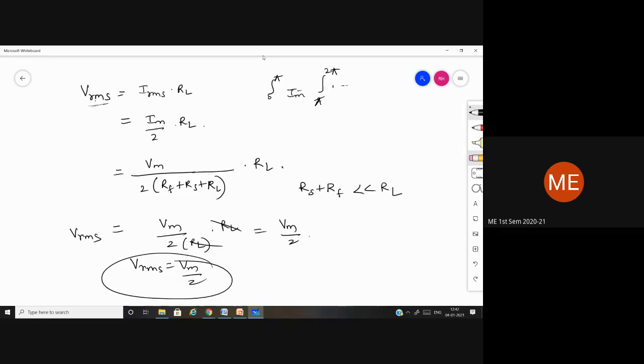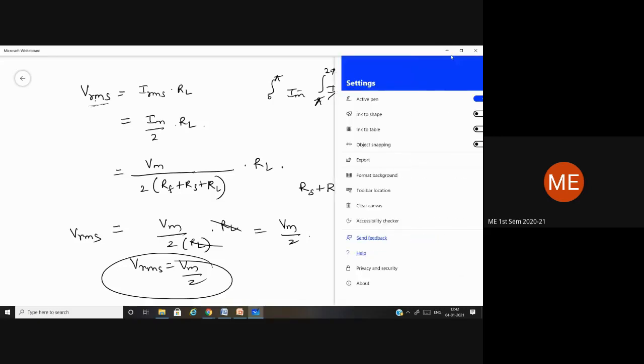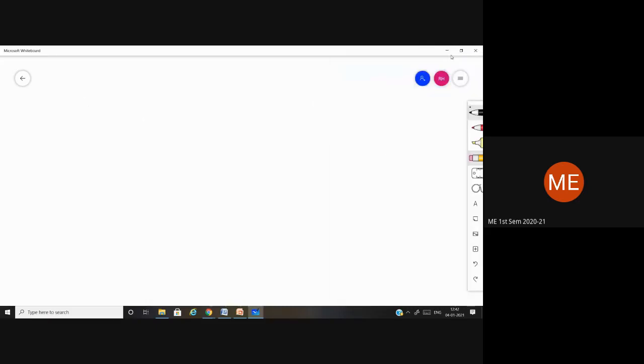Here also IM will be considered, there also we will consider, but here we consider this as 0. That is the only change, but the steps are the same. This is for the root mean square value. After this, the next one we have is ripple factor.